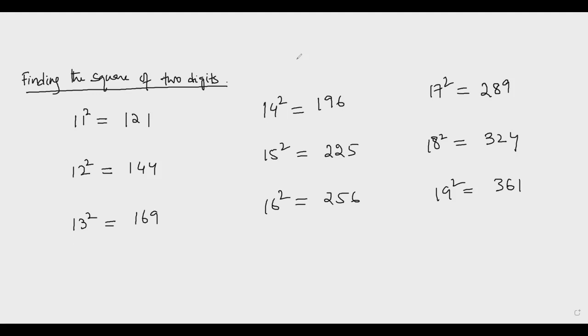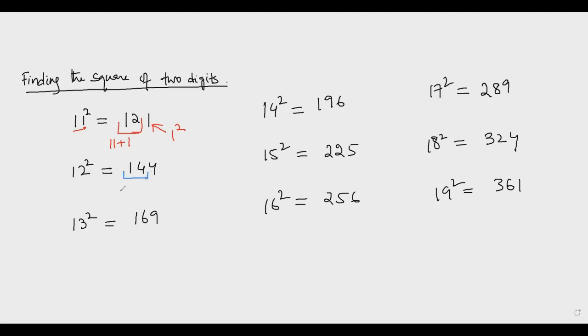Okay. Take 12: add the last digit to the number, 12 plus 2, and then the last digit squared. Is that okay? One more here.